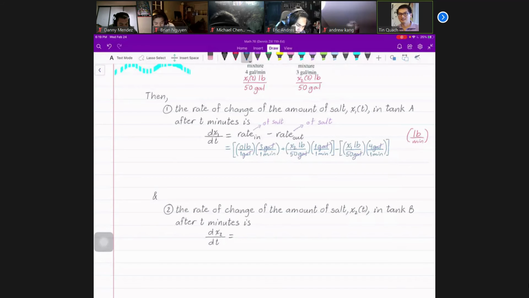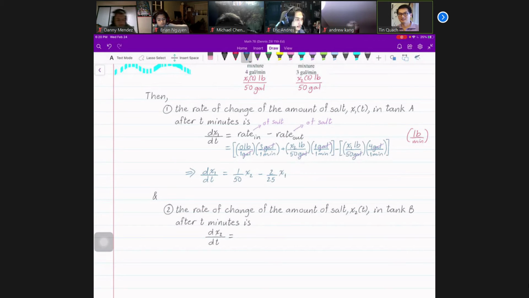So from here, dx of 1 over dt is equal to what? The first one is 0. 0 plus x of 2 over 50, so that is 1 over 50 x of 2, minus 4 over 50, which is 2 over 25 x of 1.